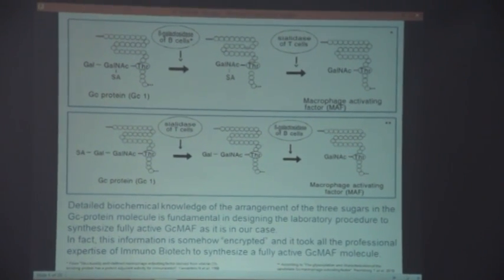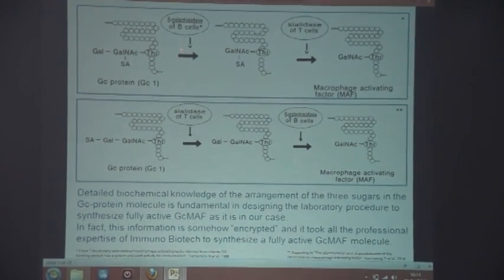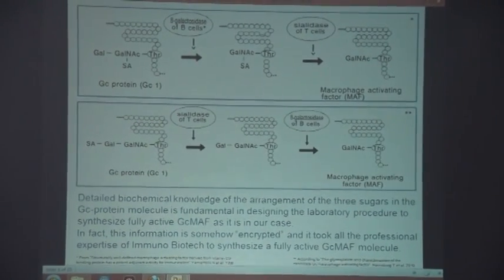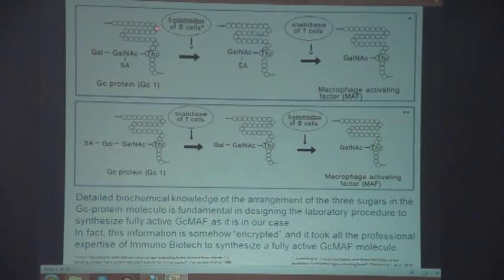So in this case, you can observe that it's not important if, in synthesized GcMAF, we use beta-galactosidase or sialidase. But probably there are other hypotheses on different structure of the GC protein.